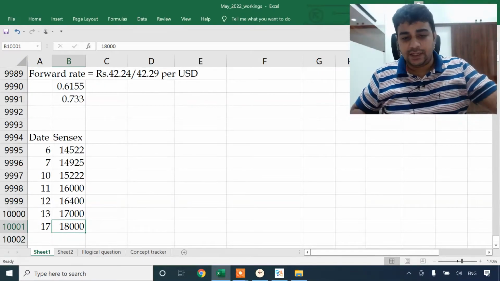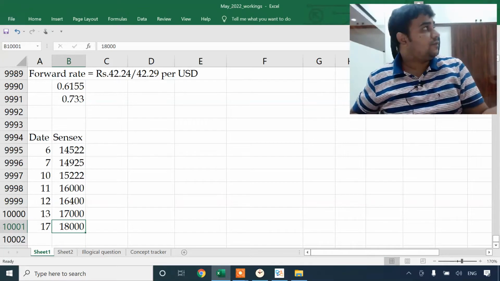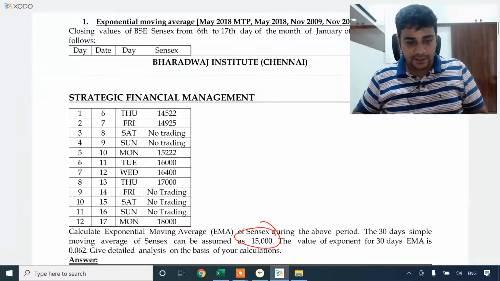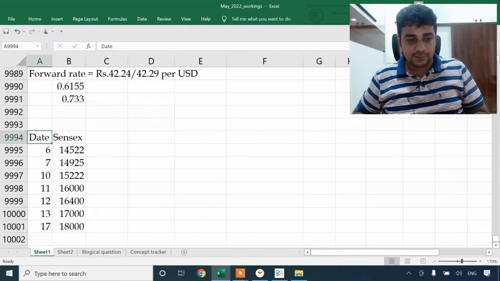I've just captured the data which is given in the question. So the first thing you need to do is capture this data. Date and Sensex: 14,522, 14,925, 15,222, 16,000, 16,400, 17,000, and 18,000.